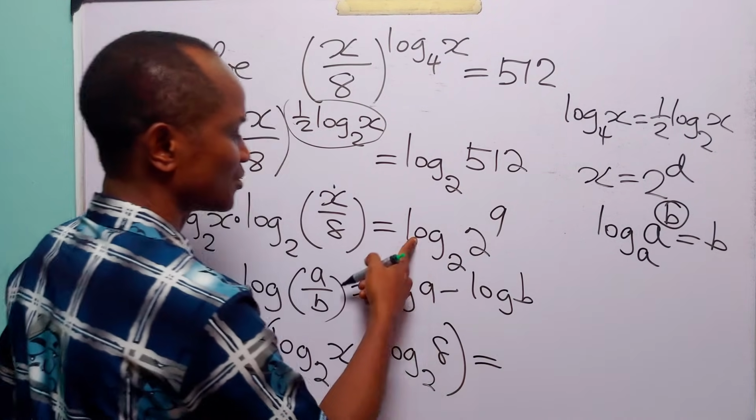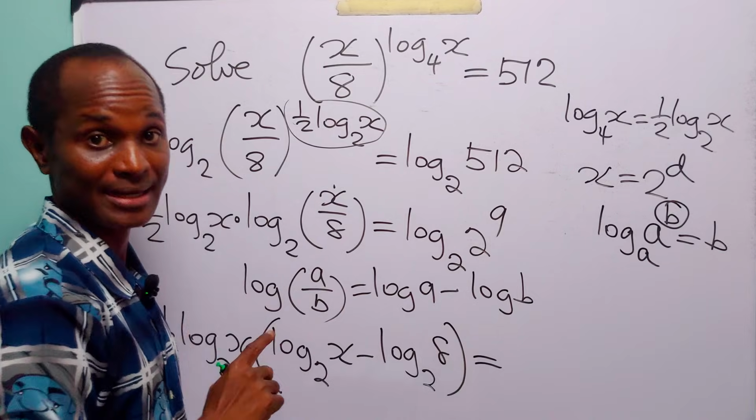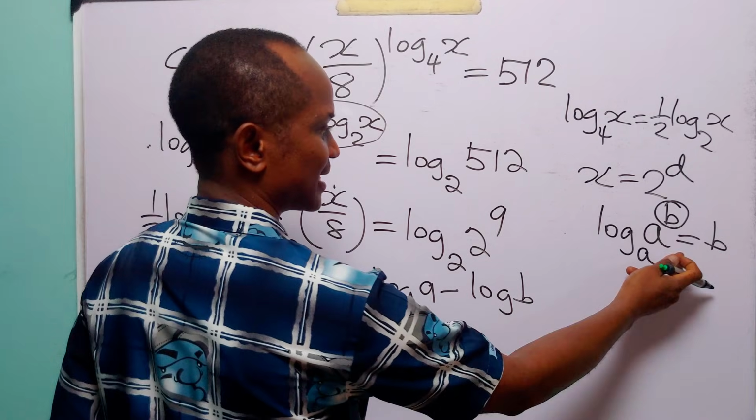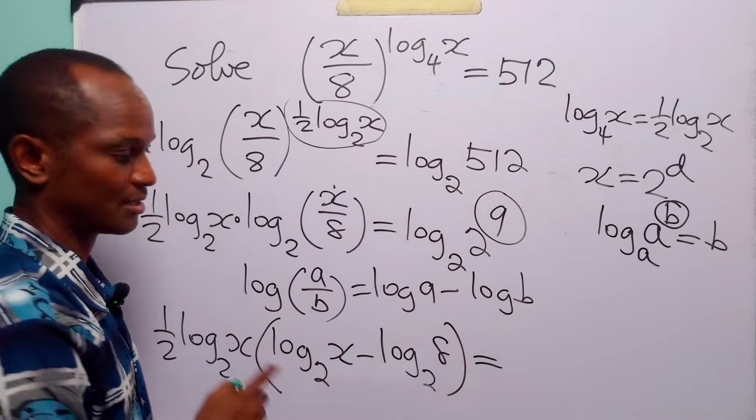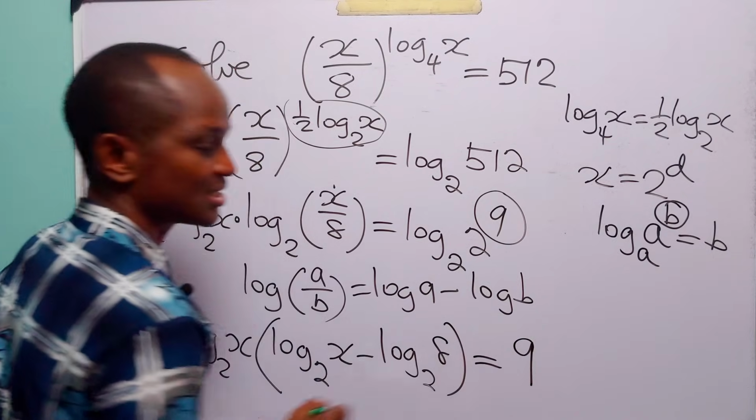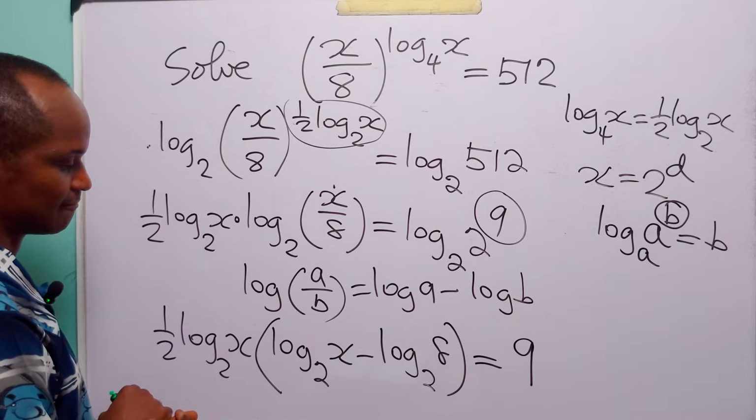And this is equal to log to base 2 of 2 to the power 9. Now let us go back to this identity. We have that log to base 2 of 2 to the power 9 is equal to 9. So on the right hand side of this equation, we have 9.